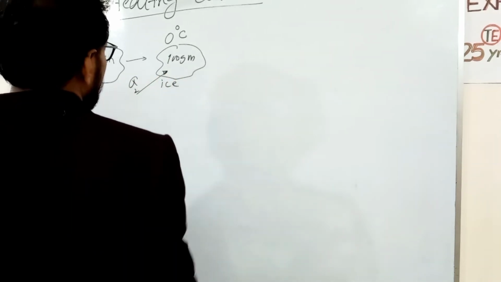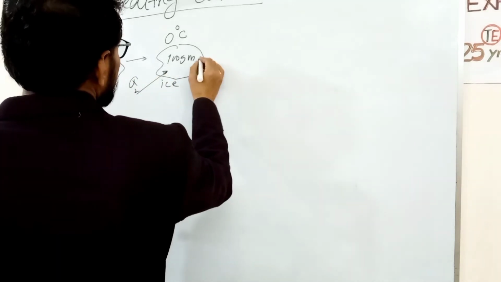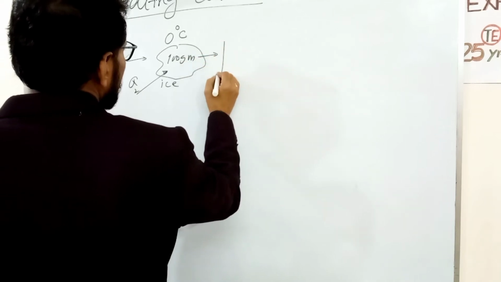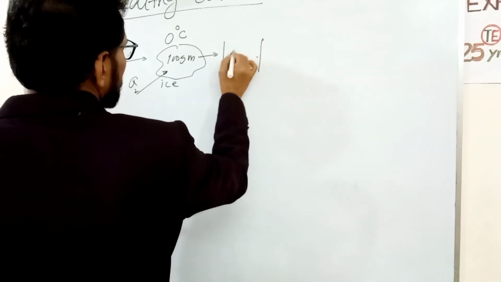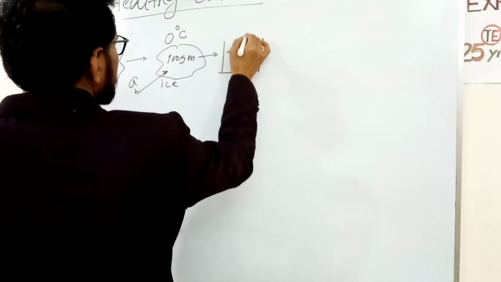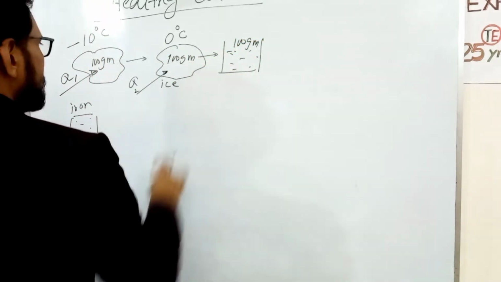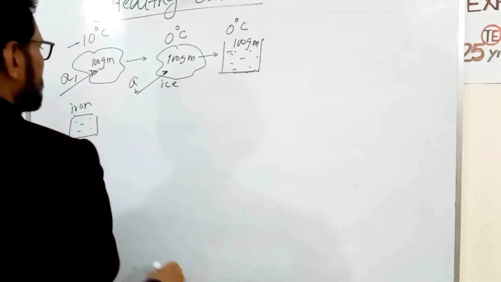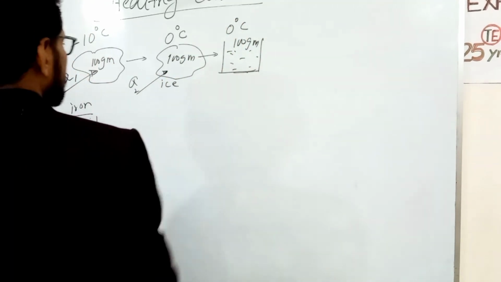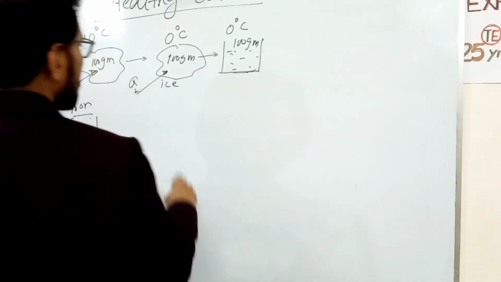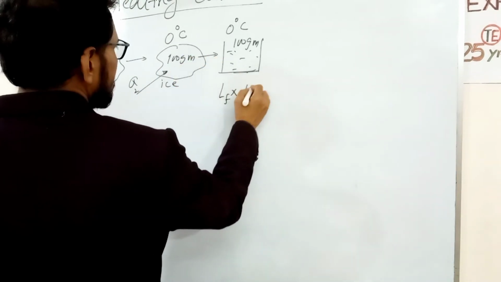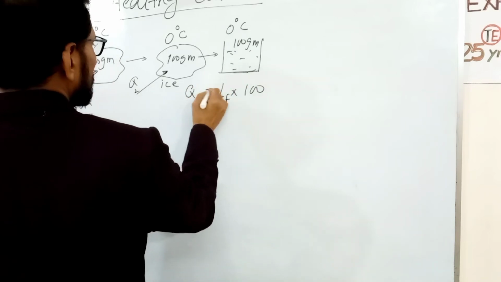When heat is supplied here at 0 degrees, the ice melts and is converted to water. The mass is 100 gram, the mass remains the same. Suppose this is 0 degree centigrade water. Now that amount of heat, if the latent heat of fusion is LF, LF into 100 will be Q2.